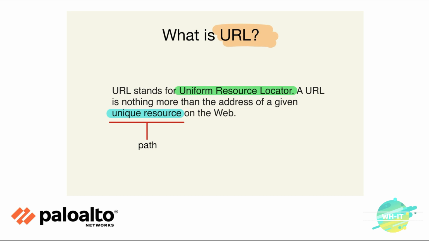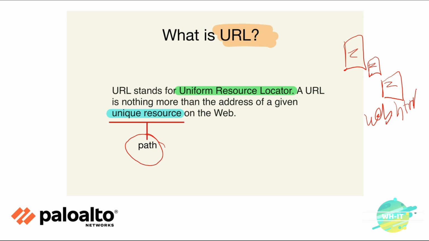The definition is very simple. URL stands for Uniform Resource Locator. A URL is nothing more than the address of a given unique resource on the web, right? So in simple terms, a URL is nothing but the path. For example, if you have a web server, and in the web server you have a database, and in the database you have created a file like web.html, and this file has to be accessed by the user.